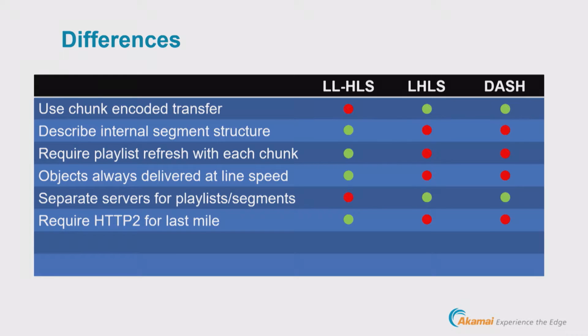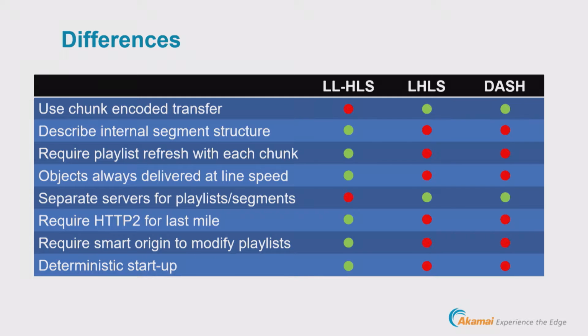And I'll go into why that might be a benefit. Require HTTP2 for the last mile for maximum efficiency. Again, a divergence. A smart origin to modify playlists is another requirement. And then deterministic startup. You have a lot more visibility in the Apple solution when you're starting the stream than you do in the LHLS and in the Dash. So there are some differences, and I'm just going to explore some of these in a little more depth as we go forward in this presentation.